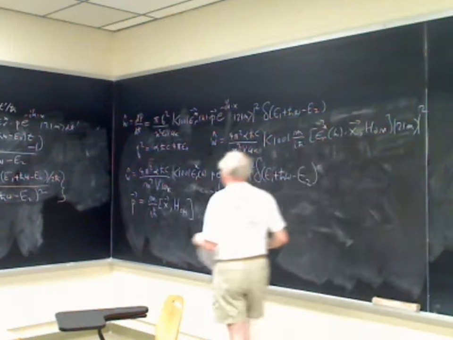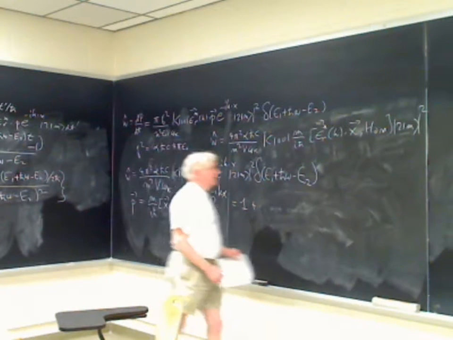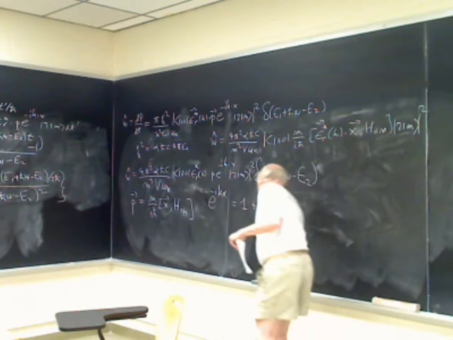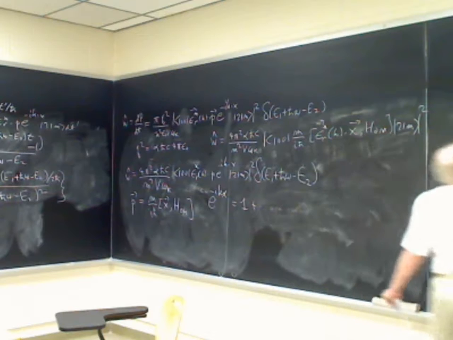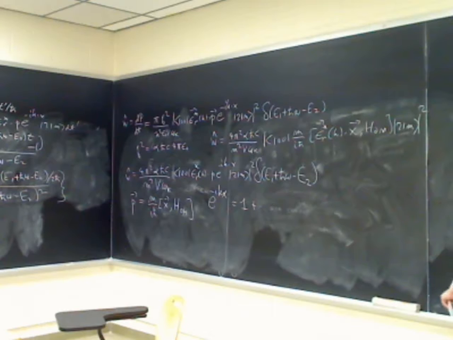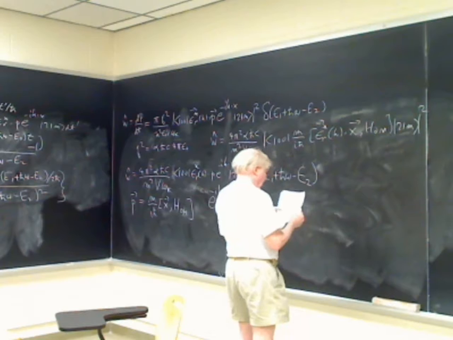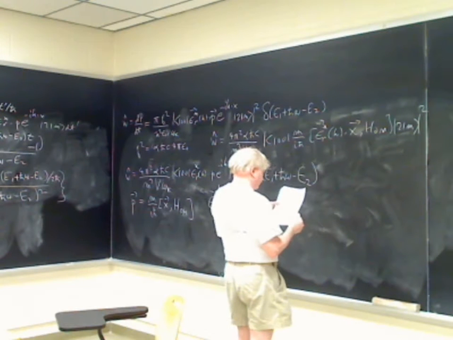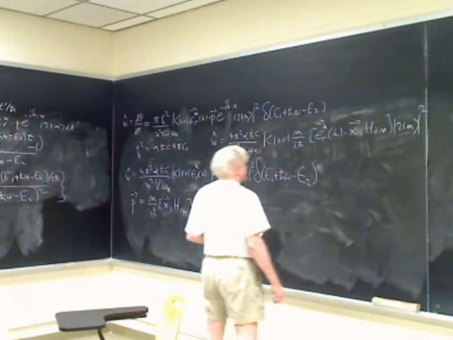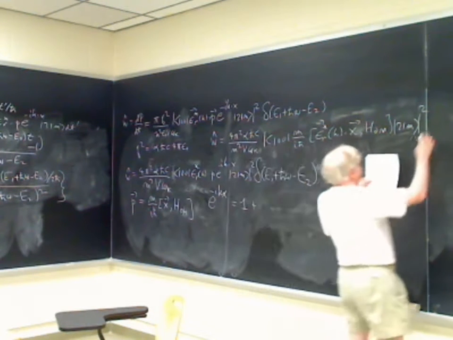Of course, replacing p by this isn't an approximation, but dropping the rest of the dipole approximation certainly is. Okay. So, well, I forgot the delta function.